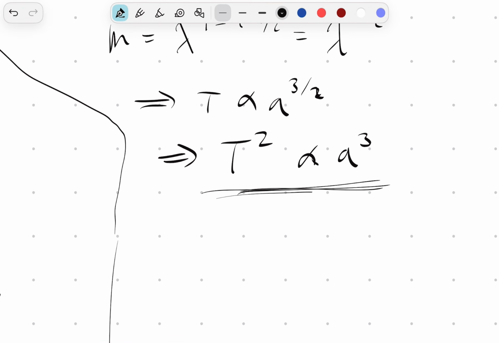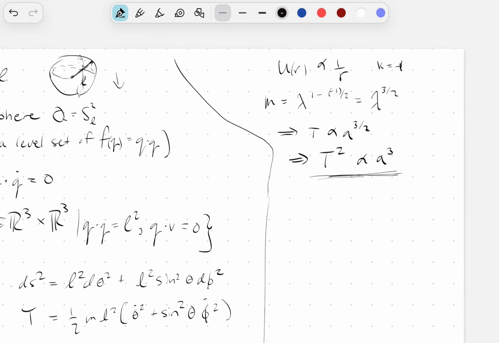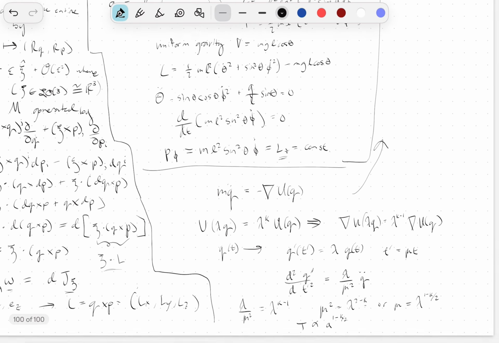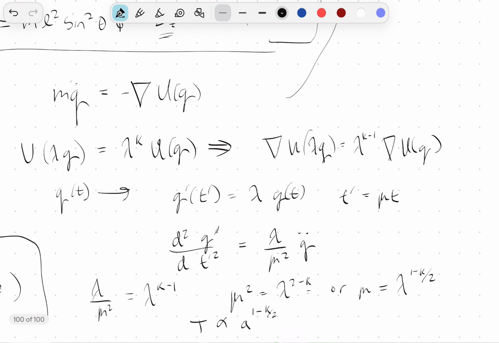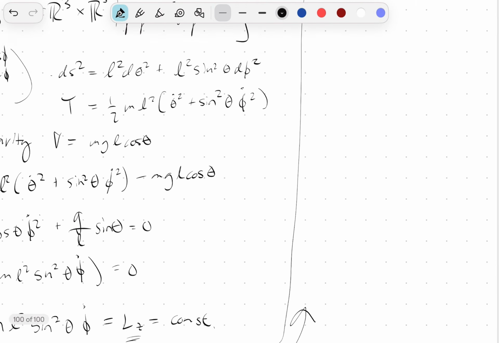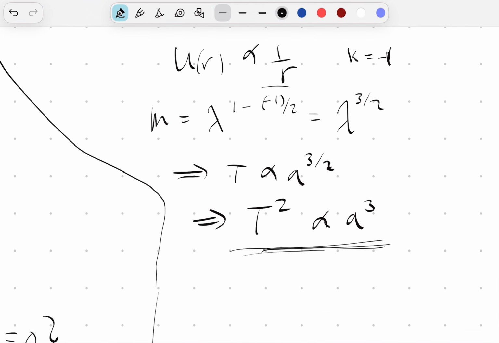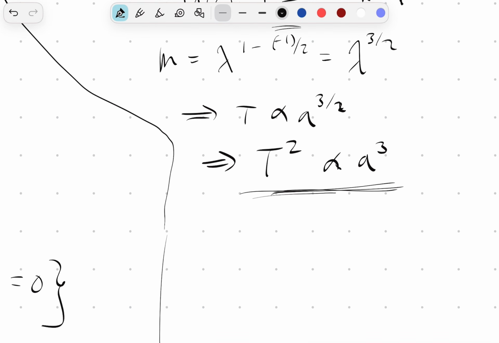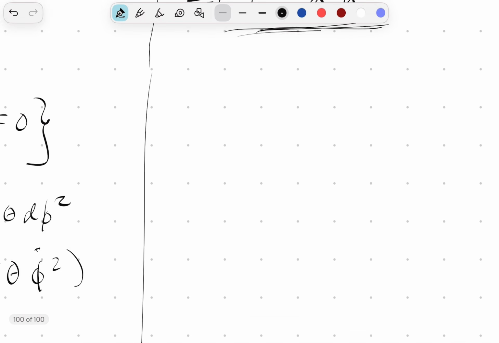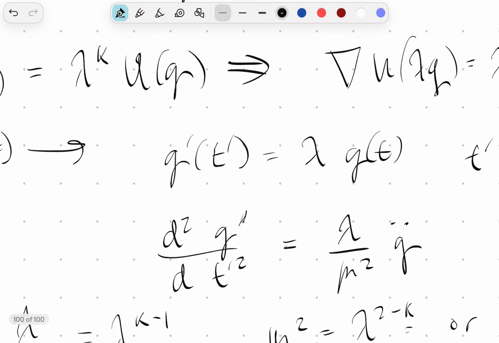We just derived it without solving any orbits. Kepler's third law can be derived as a direct consequence of the homogeneity of the inverse distance potential, which is the gravitational potential, and the scaling symmetry of the equations of motion. So if you change the size of the system, that alters the forces in a very predictable way.